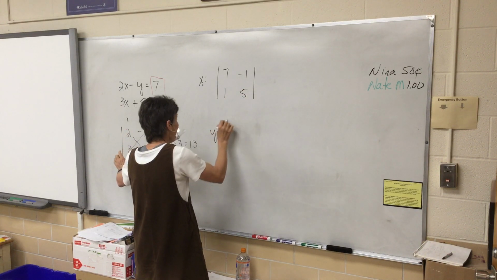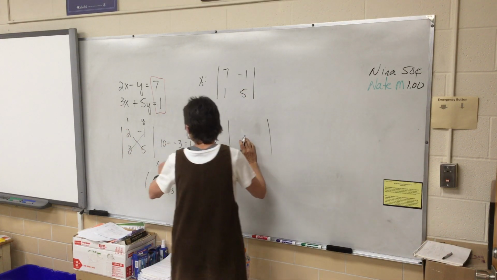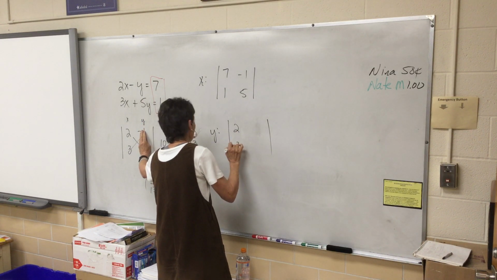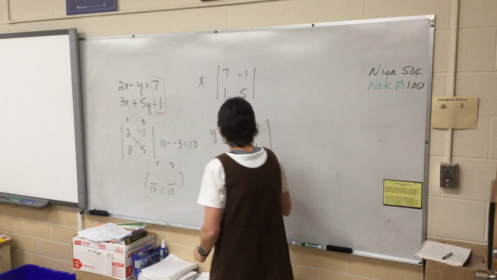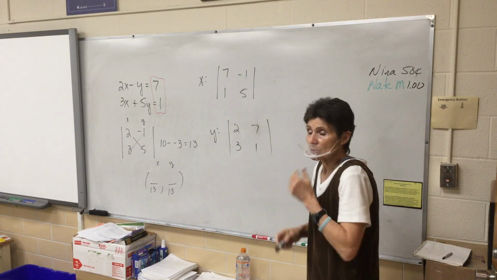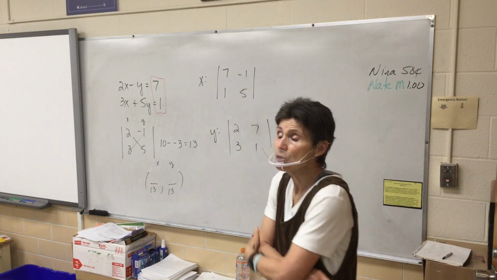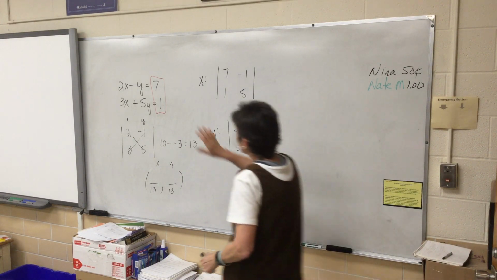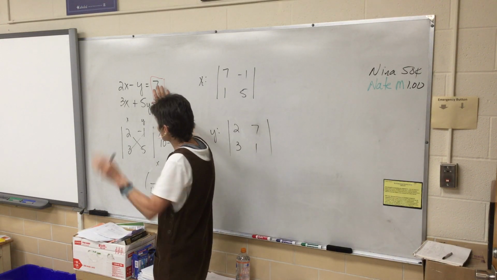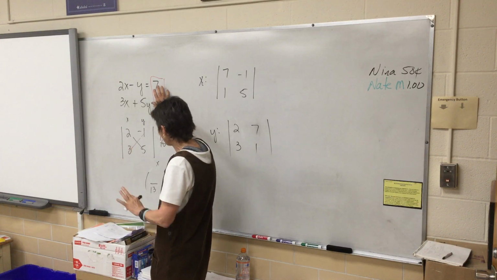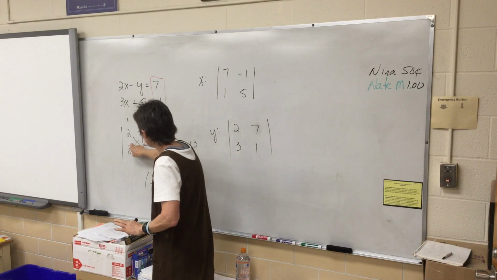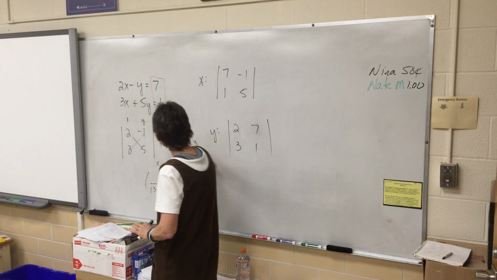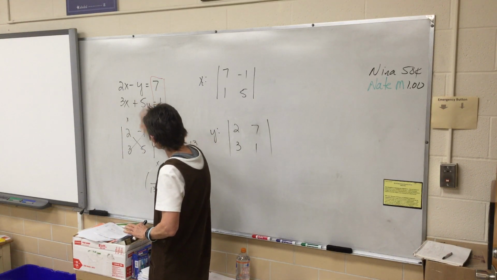And then when I do y, same thing, only I'll paste these on the y column. So I have my 2 and my 3, and then my 7 and my 1. So when I'm finding the numerators of my individual letters, x and y, these two numbers replace that column. So if I'm solving for x, this goes here. If I'm solving for y, this goes here.